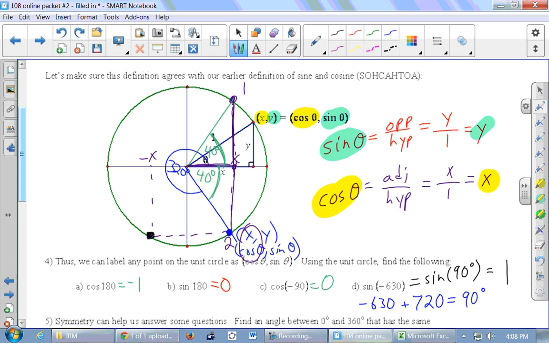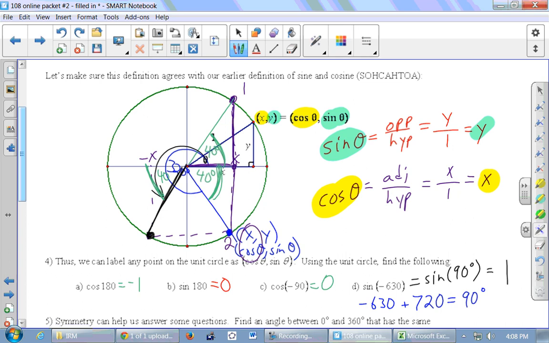Okay, so here again using symmetry. So we want to think about the fact that 320 is the angle we started with, and we need to figure out what this angle is right here. Okay, well, I like the fact that this angle here in green is 40 because I'm thinking that means this one is also 40. And if that one's 40, then what about the angle that's written here in black?